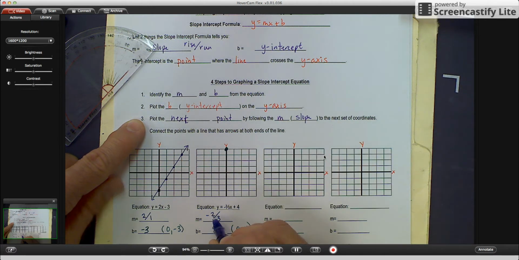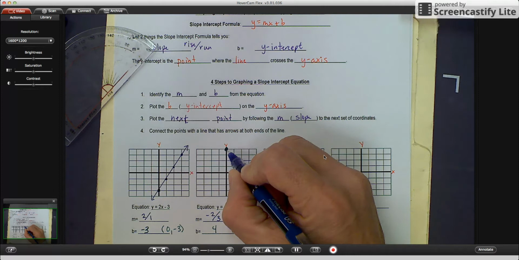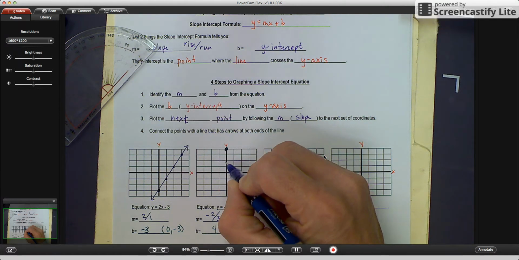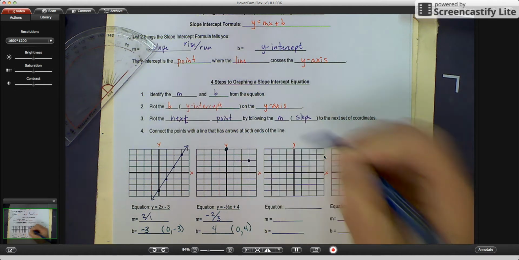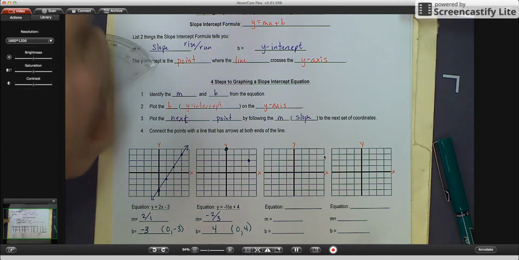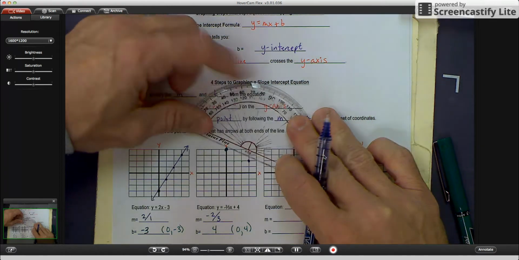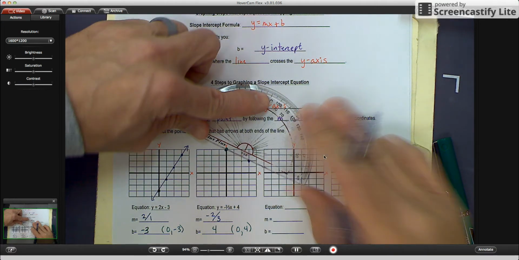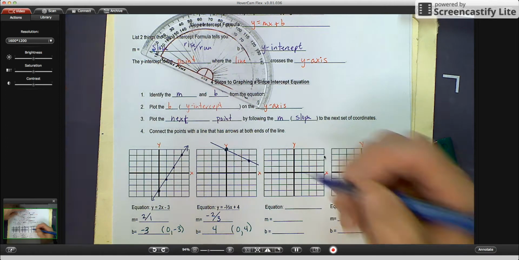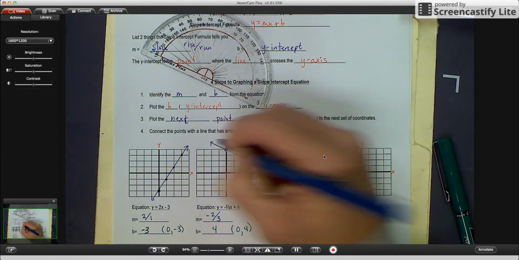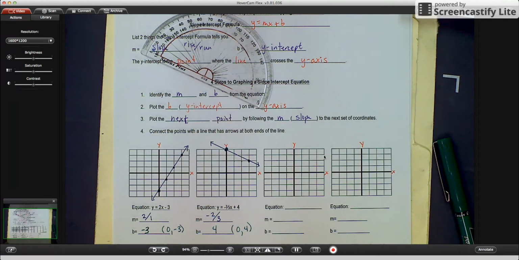So negative 2, a negative means on my rise I'm going down. So down 2, right 3, and I can only fit 1 point on this line before running off the coordinate plane. So that's it. Draw a line connecting them, put arrows at both ends of the line to show that they go on forever, and we have just graphed our second line.